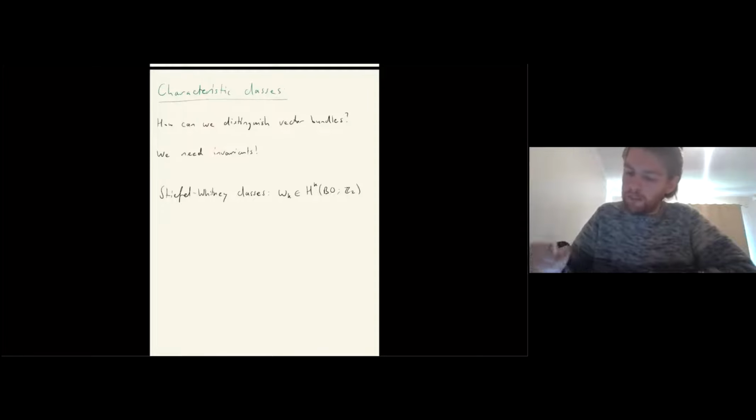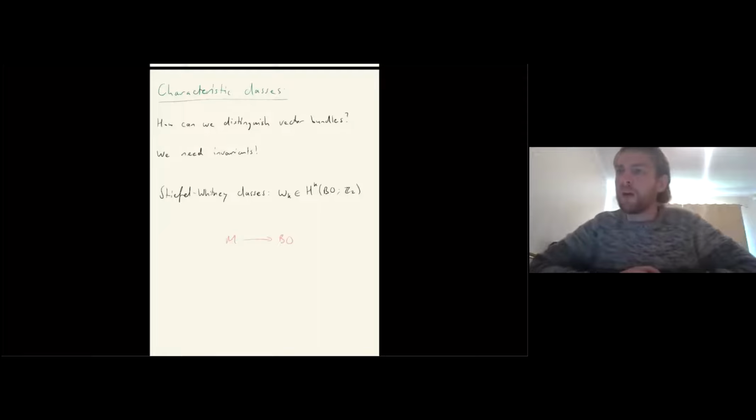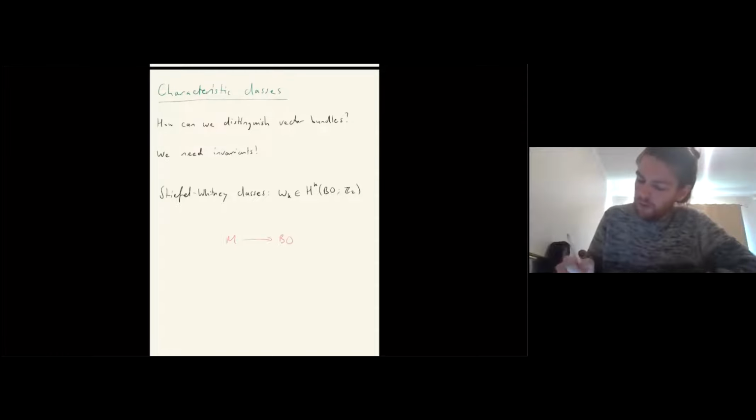The way that you get them is, if we have a vector bundle on a manifold, this corresponds to a map from M to BO. Cohomology is a contravariant functor, so we can take the mod 2 cohomology and get a map going back the other way. We look at the generators in this cohomology.